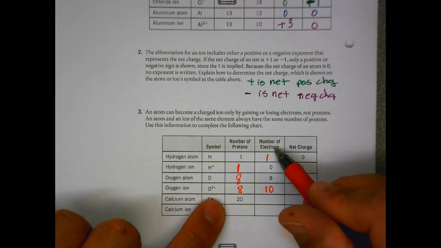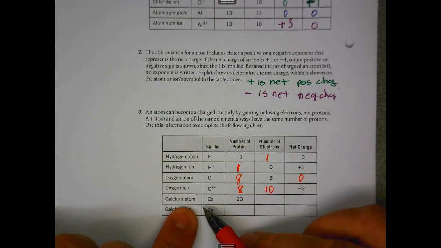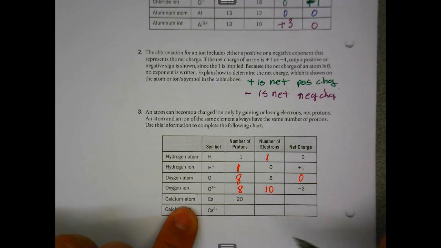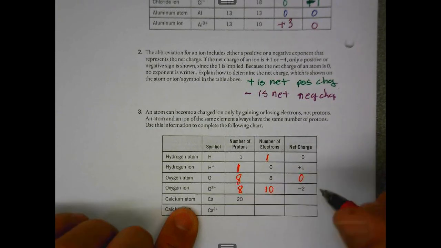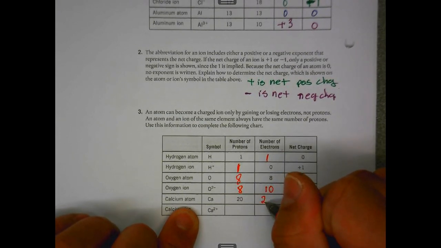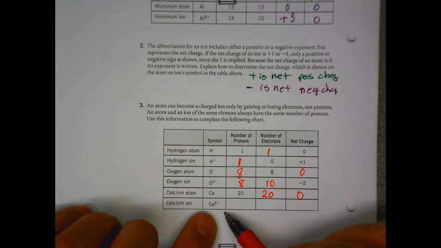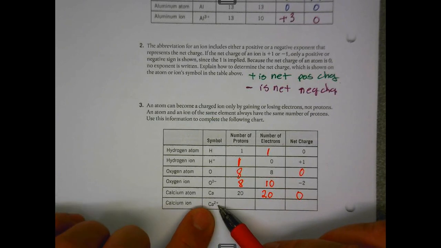Okay. The calcium atom has 20 protons. It's neutral, so the net charge is 0, so it has to have 20 electrons. So if the calcium ion has a positive 2, that means it has to have 2 more protons than electrons.